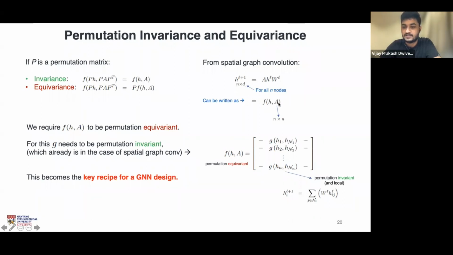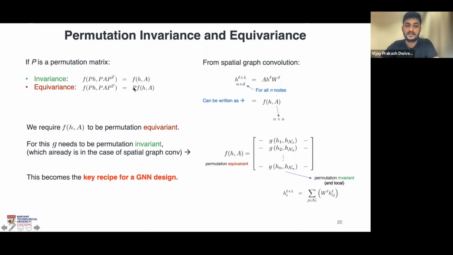The adjacency matrix A represents the connectivity structure, and is n cross n. For a graph network, these two are the inputs. If we want a graph-level output that is permutation invariant, it means that when a permutation is applied to H and also the adjacency matrix, we should have the same output, no matter what permutation matrix is applied.